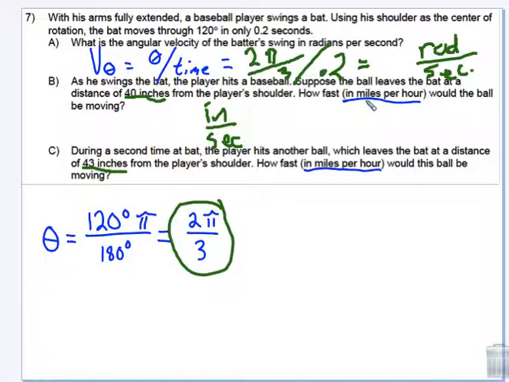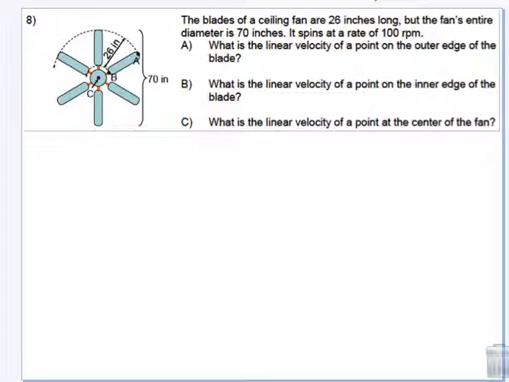Then you need to convert that to miles per hour. We've done that tons of times. Ask the people in your group if you still need help. And then the last problem is very similar to our circular saw blade, but this time we have 100 RPMs. I will let you figure out how to set that one up.